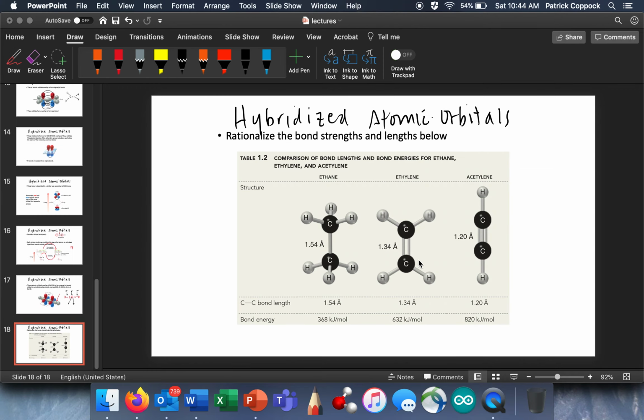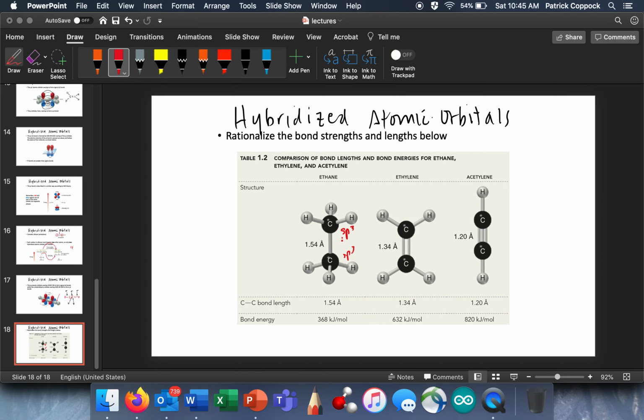All right. So finally, let's talk about the length and strength of these bonds. So this bond here is made up of an sp3 hybridized atom and another sp3 hybridized atom because they have four identical bonds, right?